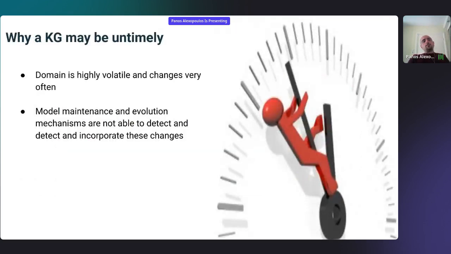And why may this happen? Well, this usually happens when the domain is highly volatile and changes very often, and the model maintenance and evolution mechanisms that we have in place are not able to detect and incorporate these changes, right? So it's about how fast we can monitor and follow up on the evolution of the domain and the knowledge graph.